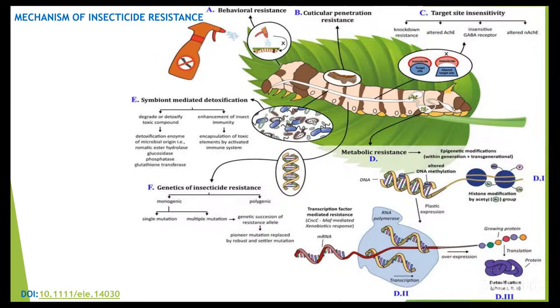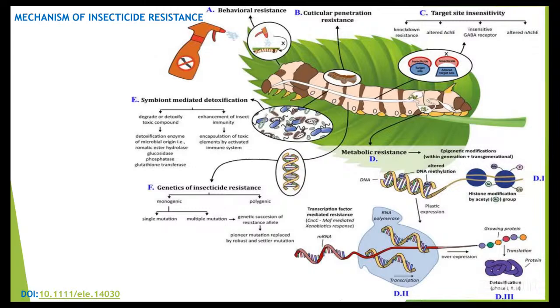So here you have seen a caterpillar which is on the leaf, and how the mechanism of insecticide resistance works here, you can see.